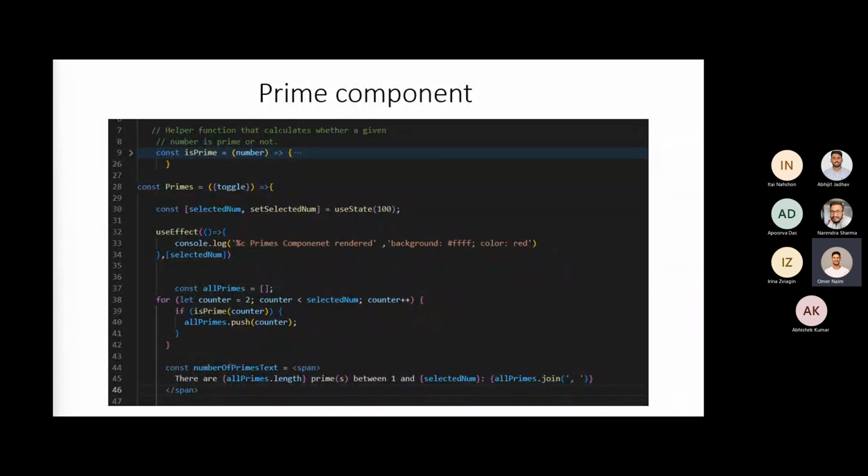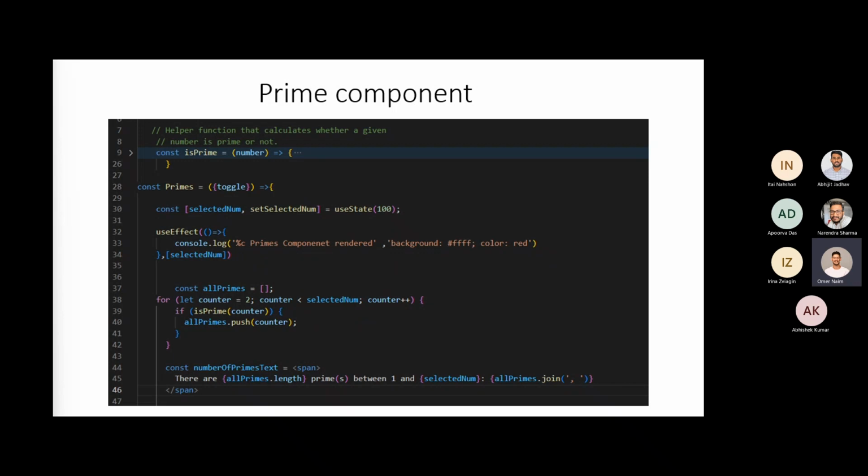I have a state, selected number, initialized to 100, and I did that to demonstrate what happens in heavy calculations, because the React system is strong, so it can calculate some stuff fast. But when we think about the prime numbers between 2 and 100, it takes more time than a second.